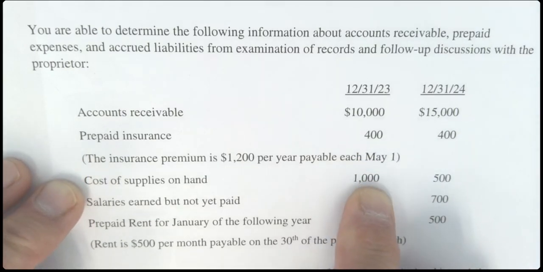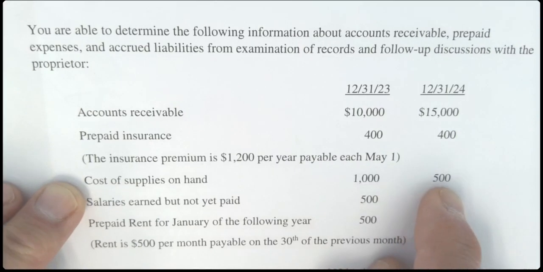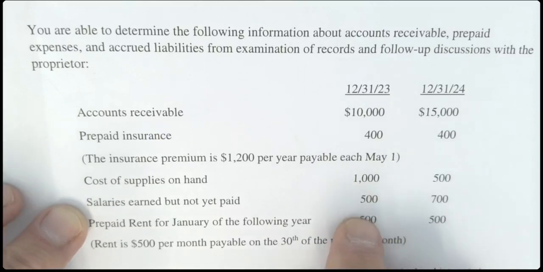Cost of supplies on hand. The cost of supplies on hand at the beginning of this year, the end of last year, was $1,000. The cost of supplies on hand this year was $500 at the end of the year. Salaries earned but not yet paid were $500 at the beginning of the year.